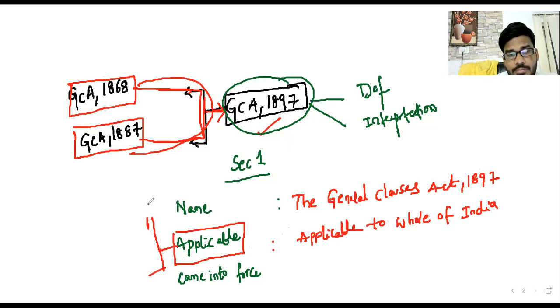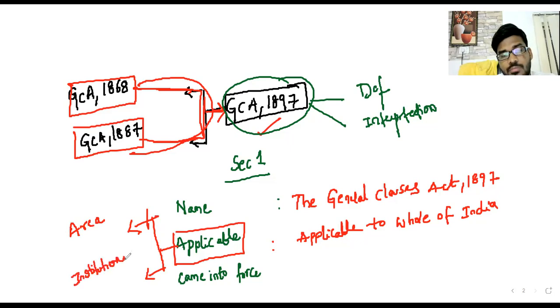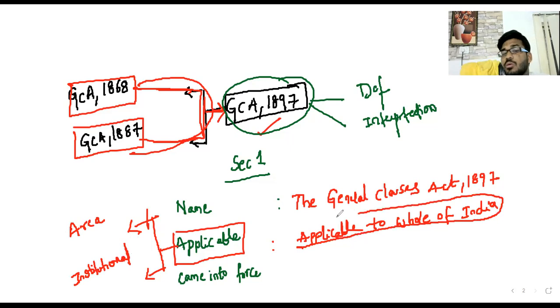The first category is area-wise applicability, and another is institutional applicability. Area-wise, it is applicable to the whole of India. Then institutional: for whom is this act applicable.